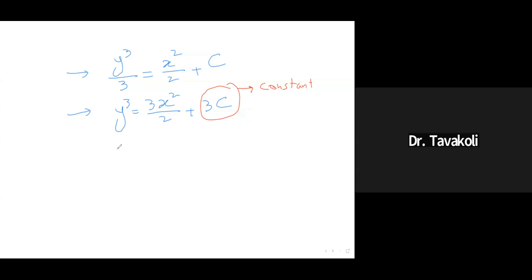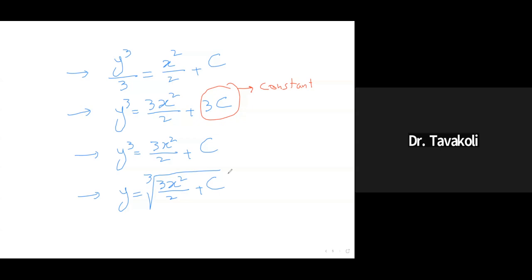So it means that y cubed is 3x squared over 2 plus c. That c just means a constant. That's why I replaced 3c by c. And so y is the cube root of 3x squared over 2 plus c.